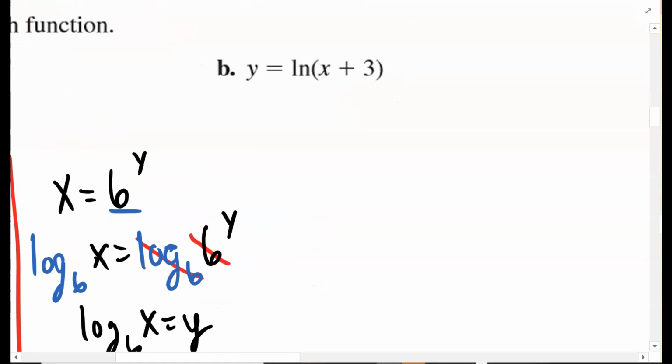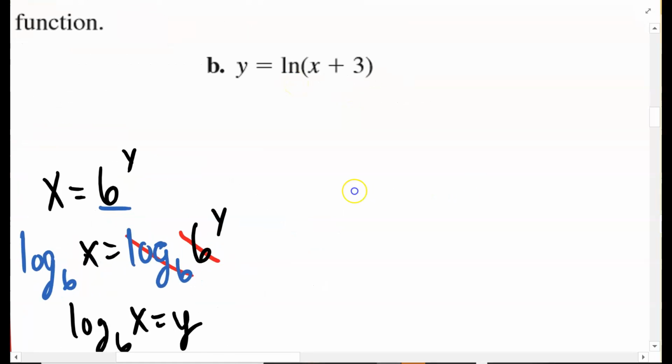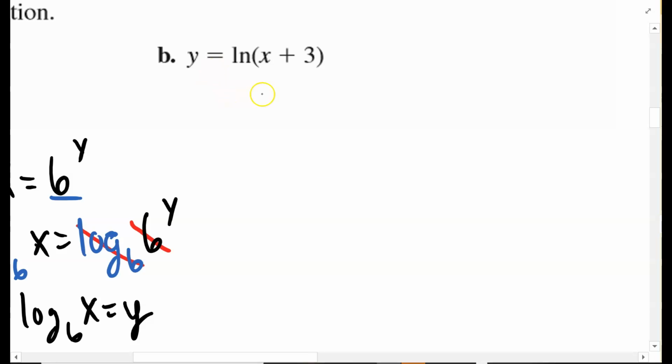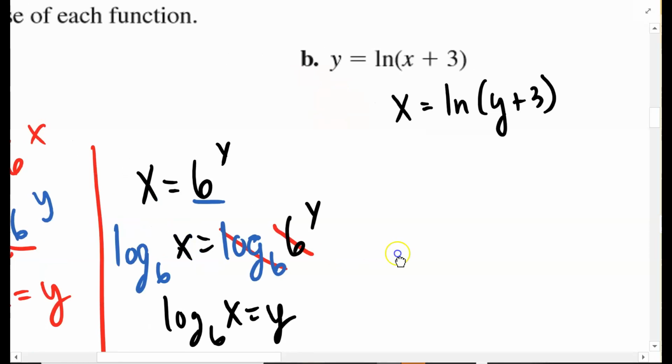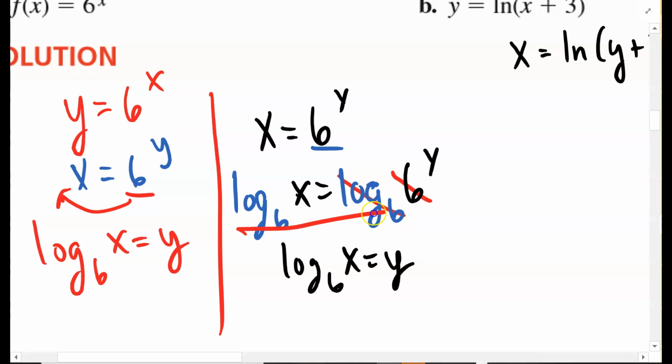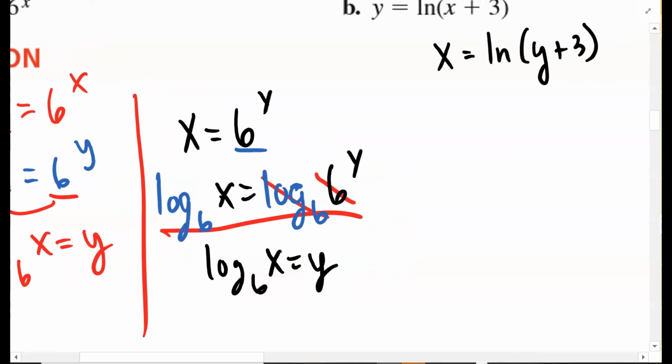All right, so B, our next problem. Again, first step, switch x and y. So x equals the natural log of y plus 3. Okay, so remember, ln is a log base e. So actually, I don't rewrite this out in multiple steps like I did at this point here because it's hard to fit in the log base 6 on the left and right.